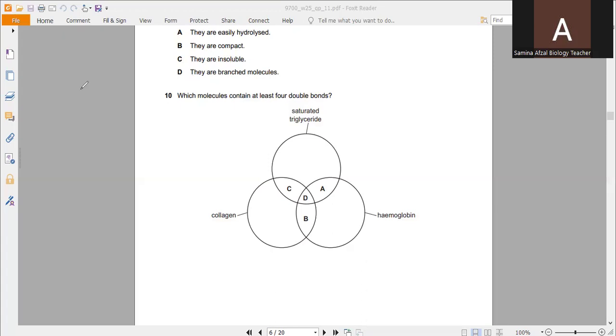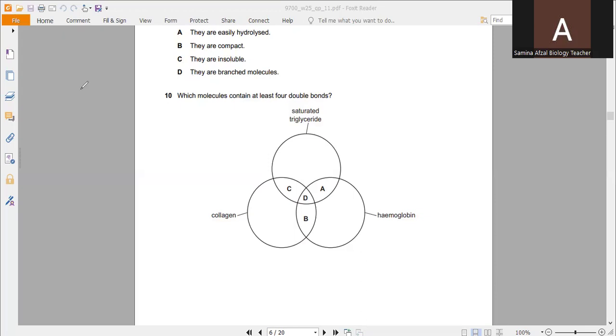So collagen are large proteins. Proteins are made up of long chains of amino acids joined by peptide bonds. Every single peptide bond contains a carbon-oxygen double bond. Since these proteins consist of hundreds of amino acids, they have hundreds of double bonds. So we need the area that includes collagen and hemoglobin that excludes the saturated triglycerides.